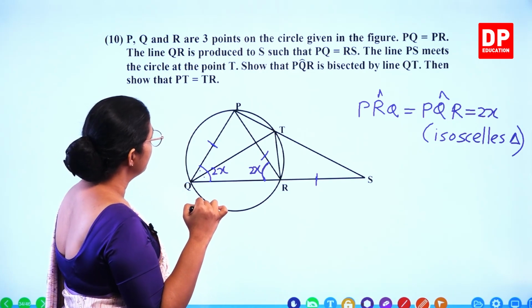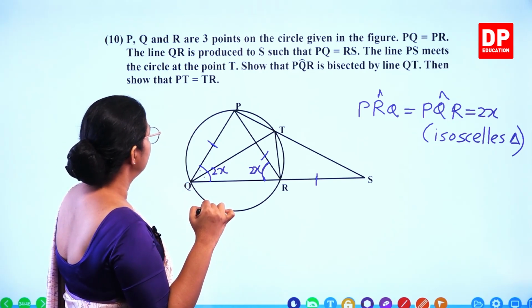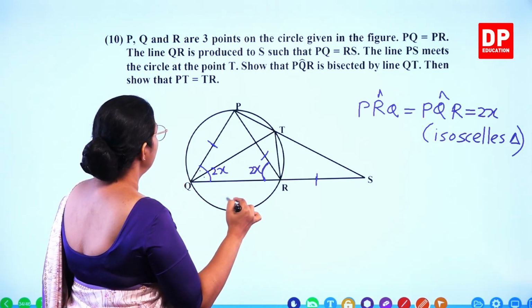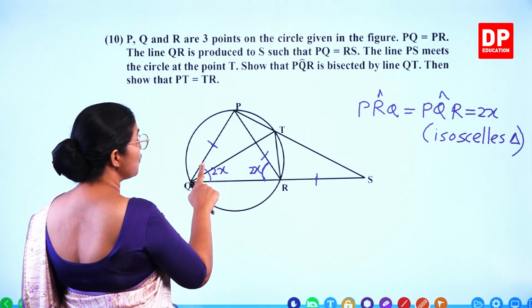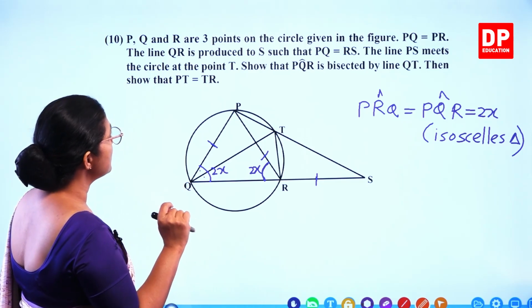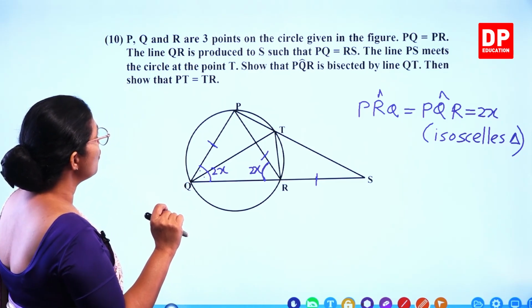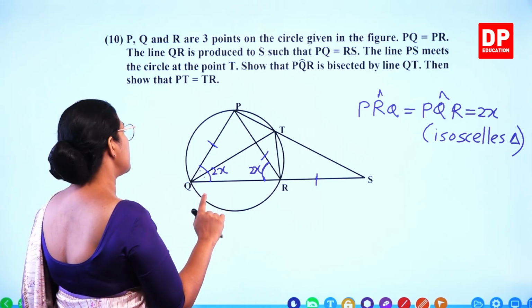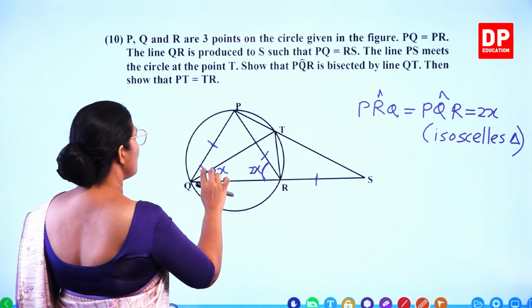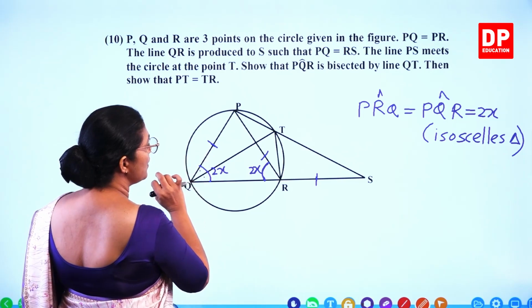What's the next thing? You have to show that PQR is bisected by line QT. So how are you going to show that these 2 are equal?